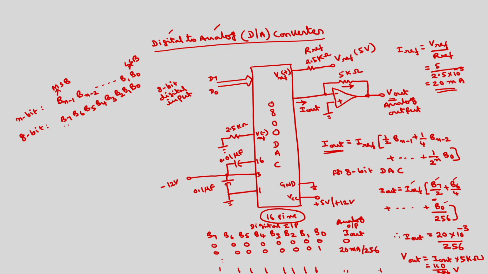Now if you want to connect this to the 8086, how to connect this to one of the ports of 8255. So if I take here 8255, I will connect to port A of 8255.